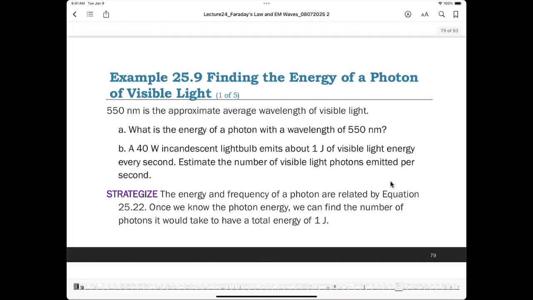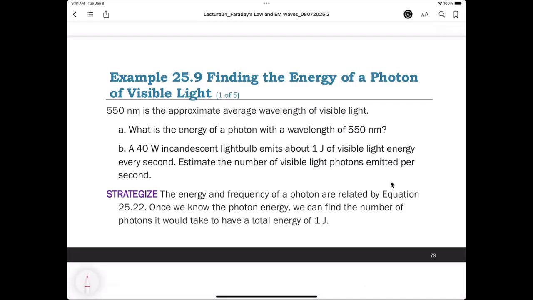Estimate the number of visible light photons emitted per second. Actually, those questions are not very difficult if you know the relationship between the wavelength, frequency, energy, and power, and you will know how to solve this problem. Okay, let's check this example.